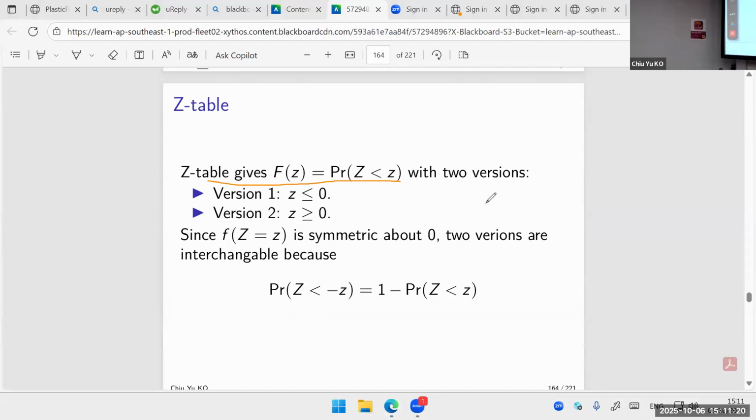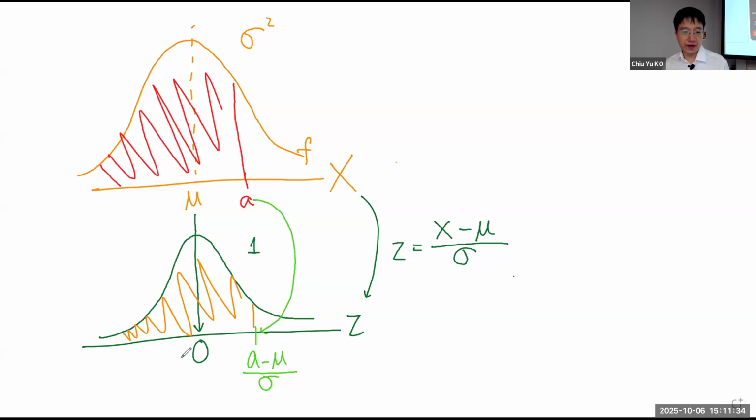One is where this number is negative. So what does that mean? Because it's symmetric, either people would give you the left-hand side or the right-hand side. Why is that sufficient? Because it's symmetric. And let me say a little bit about the symmetry here. Why is symmetry sufficient?